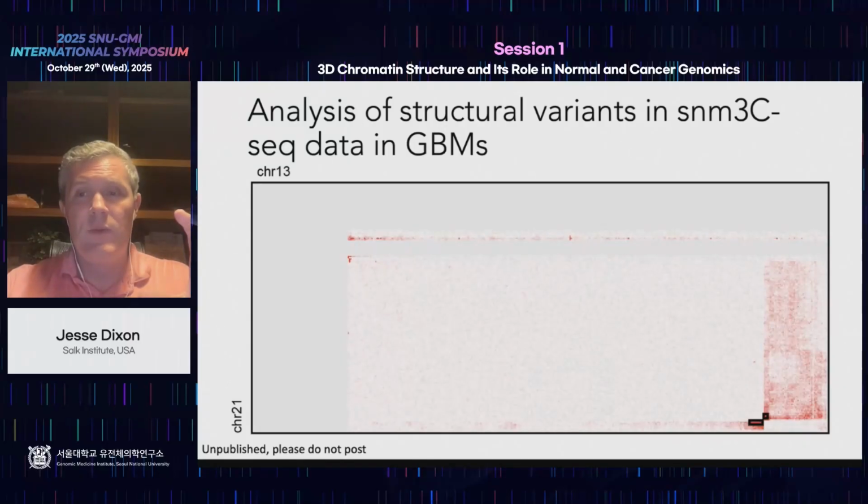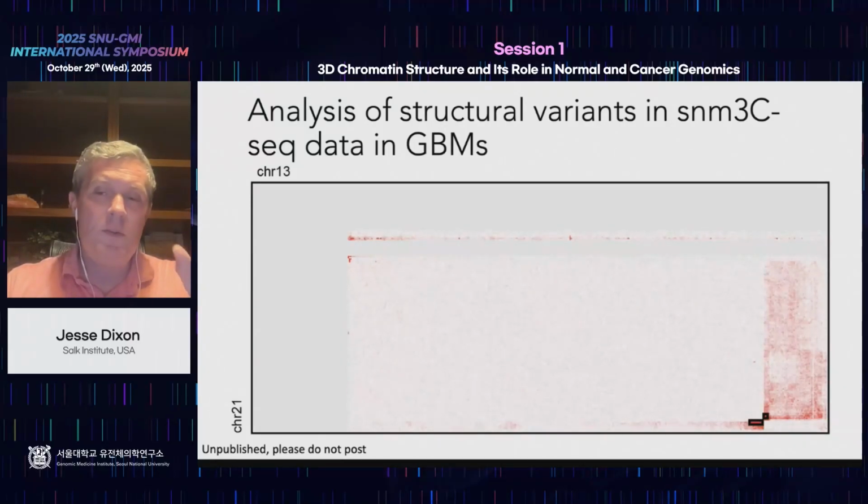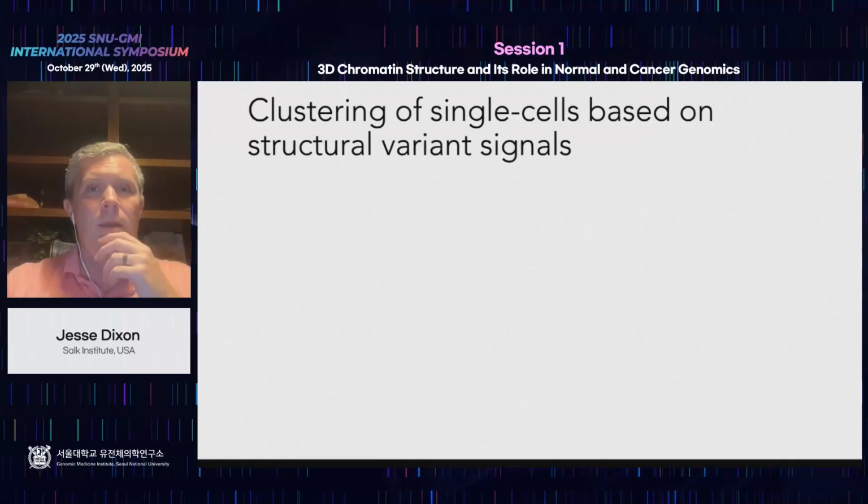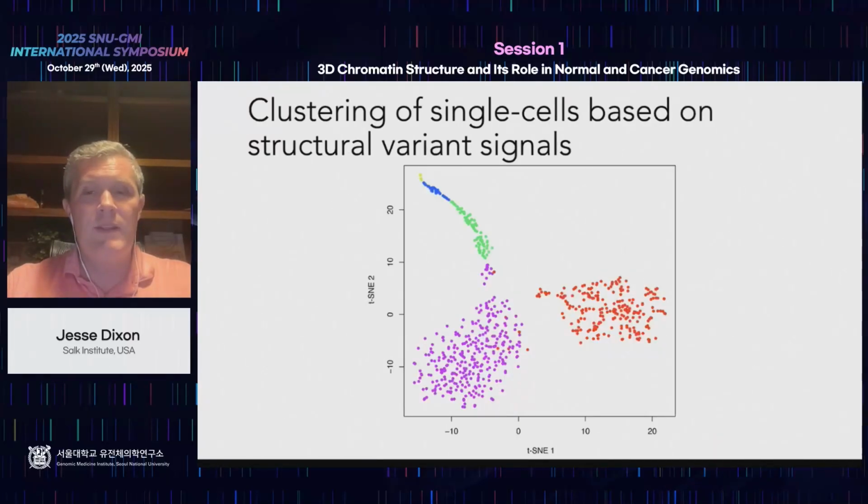So we can identify these regions of the genome that are the signatures of structural variants, and then use that specific signal to cluster our cells in low-dimensional space. We're not looking at genome-wide signal, or anything related to cell type, lineage or identity; we're just looking at structural variant pattern. We can embed the cells in low-dimensional space and see patterns emerge that we think are related to cell type identity and potentially tumor evolution.